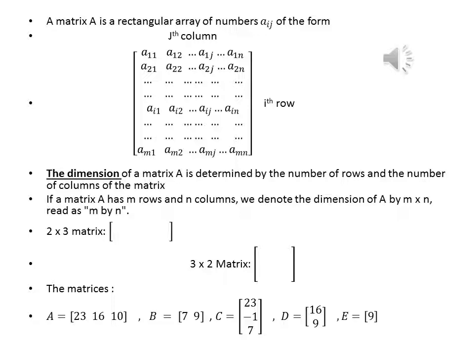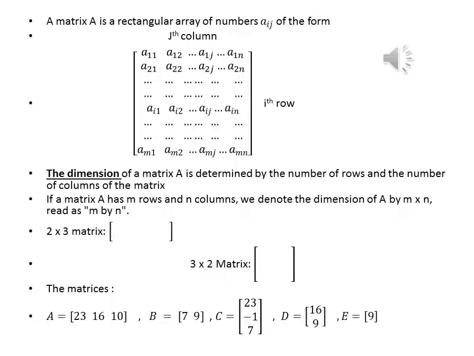In the suffix ij, I is the number of the row, J is the number of the column, Aij. If we put A2,3, this element is in the second row, third column. So this is the matrix, a rectangular array.